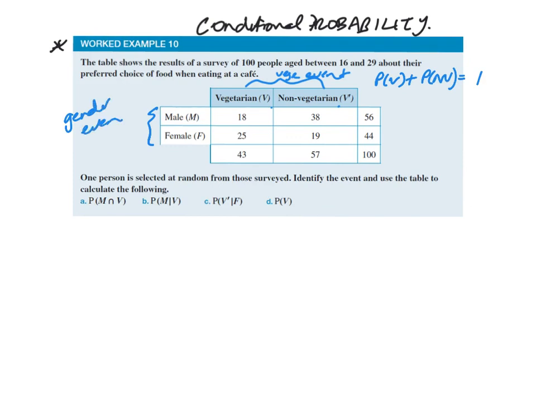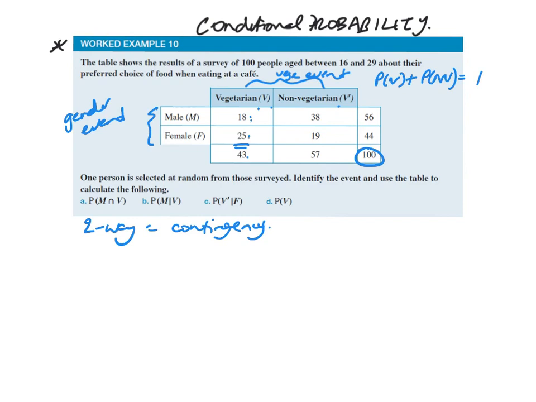Now this two-way table is sometimes called a contingency table, and that is used to organize information about two-way events. So it covers everything about those two events together. They have given us out of 100. Now these are subtotals. The vegetarian total is the 18 and the 25 people, so there's 43 vegetarians: 18 males, 25 females.